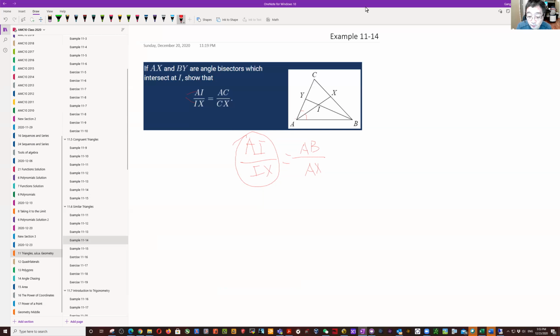So if you look at this angle, you will find that AC over CX is actually equal to AB over BX. So AI over IX equals AB over AX, and those are equal. Using this equation, I link them together.